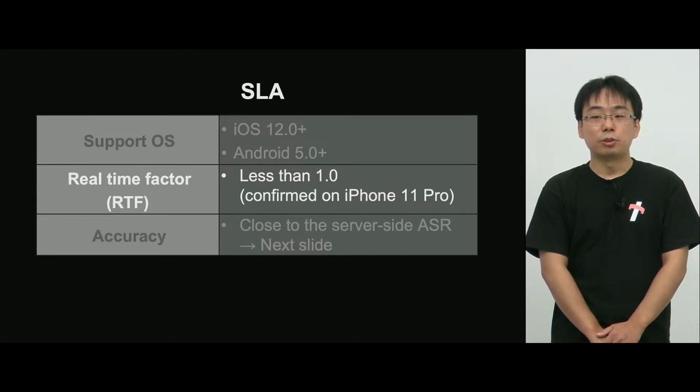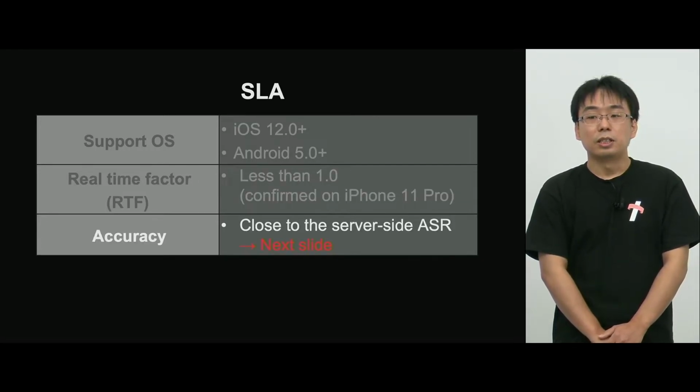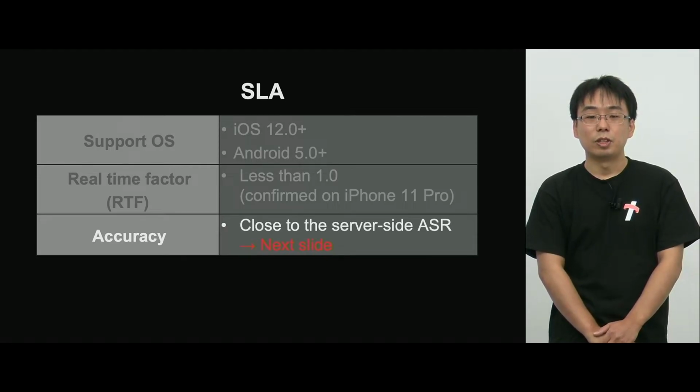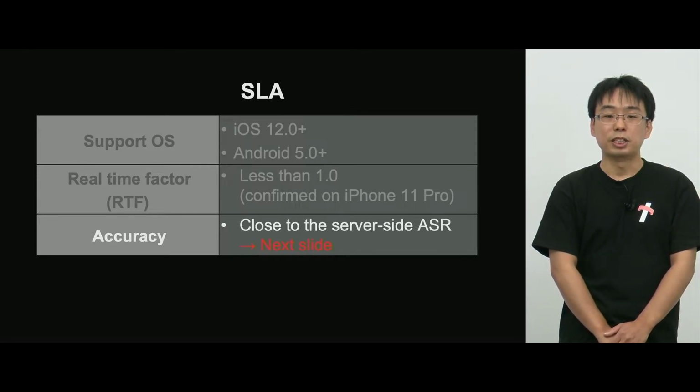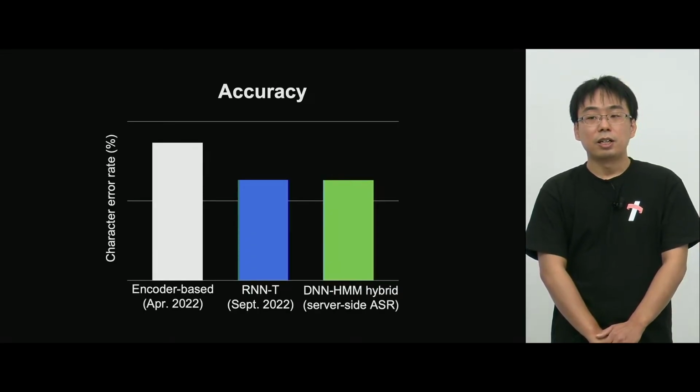This was confirmed with iPhone 11 Pro to be less than 1.0. As for accuracy, we set the minimum target to get close to the server-side ASR. The details will be covered in the next slide.